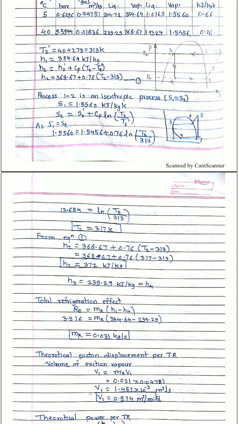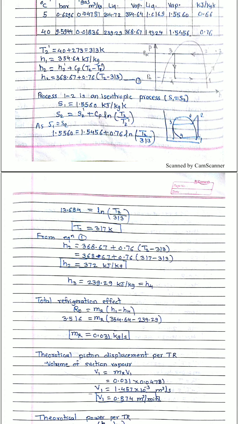Suction takes place during process 4 to 1. So during that process, that is regarding the evaporator pressure. So here we have to take the specific volume corresponding to the evaporator temperature, and the evaporator temperature is 5 degrees Celsius. So therefore the specific volume is 0.04781.